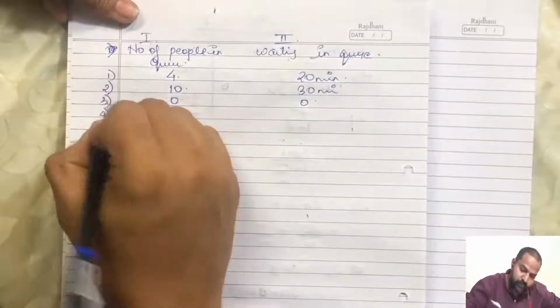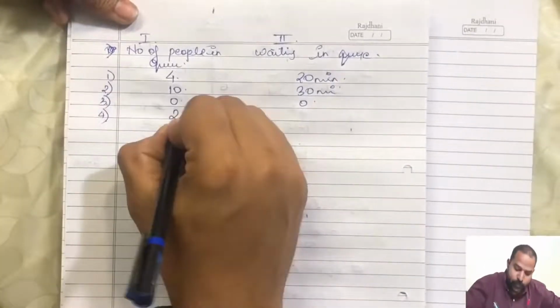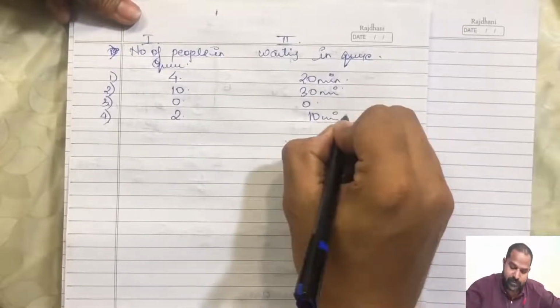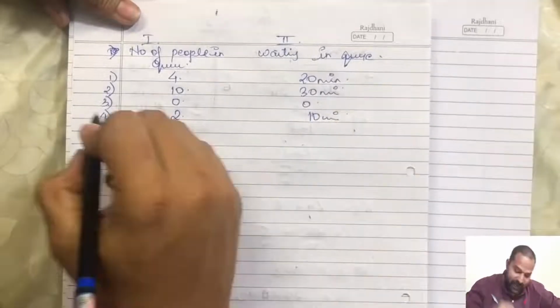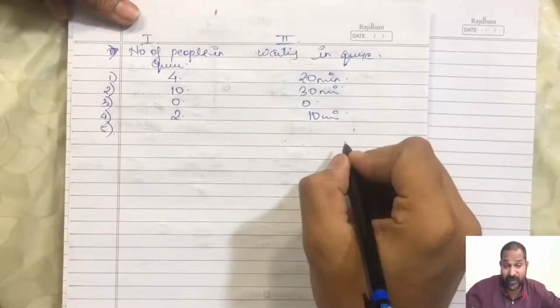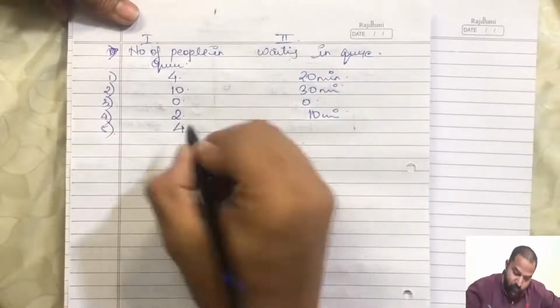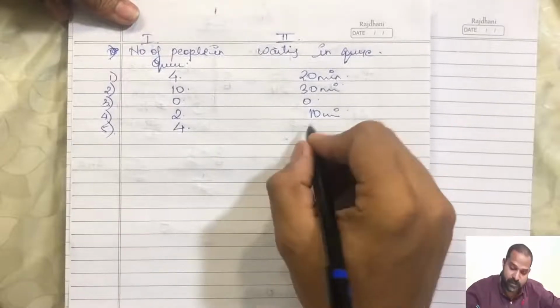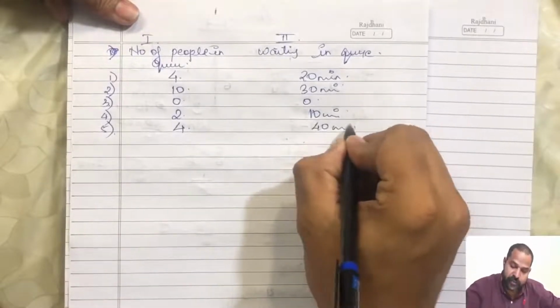Student number 4, he said when I went there, there were 2 people and I got service in 10 minutes. And the last, student number 5, he said when I went there, there were 4 people in the queue and I got service in 40 minutes.